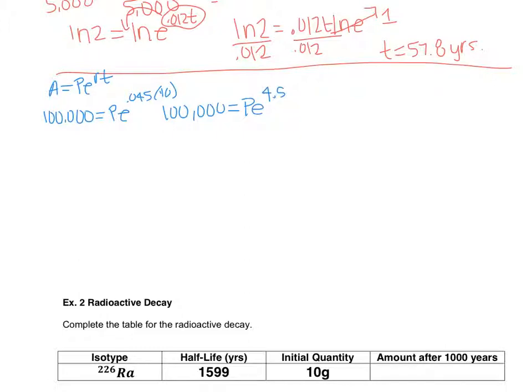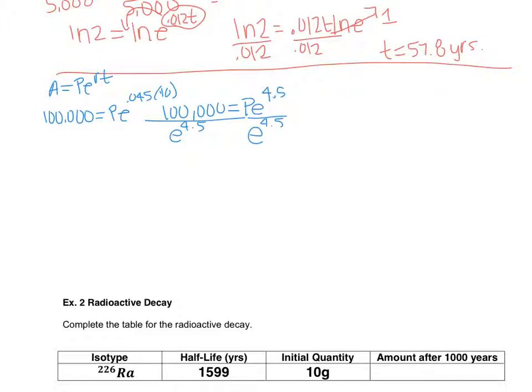So instead of actually plugging that into my calculator, I'm going to just leave it e to the 4.5 so it's more exact, and just divide by e to the 4.5, just like you would if that number was like 10,000 or whatever. You would just divide it out to solve for P. So in your calculators, you're going to type in 100,000 divided by e to the 4.5.